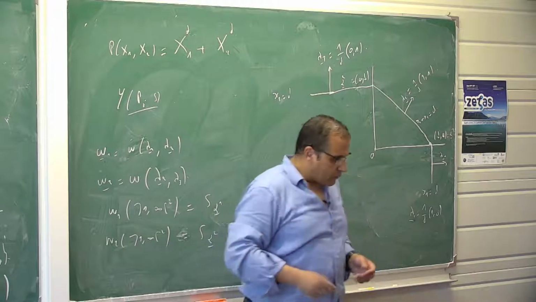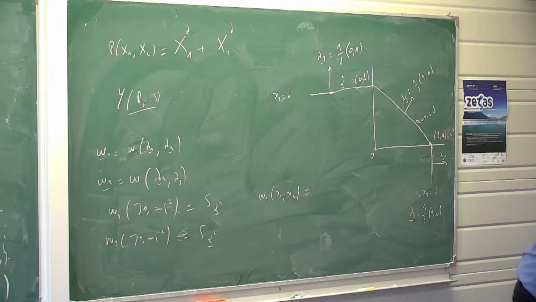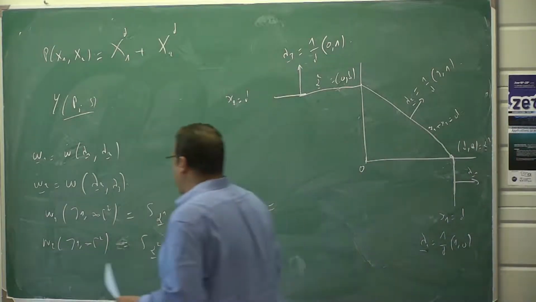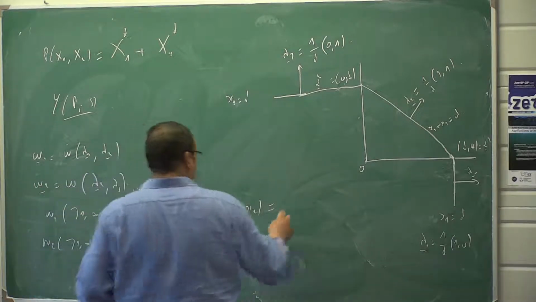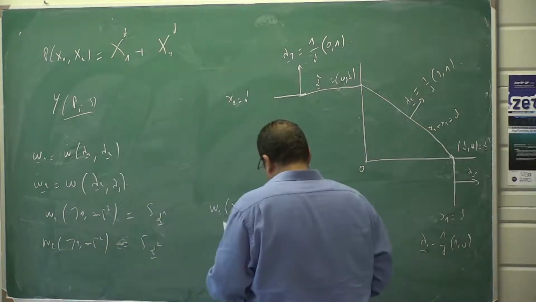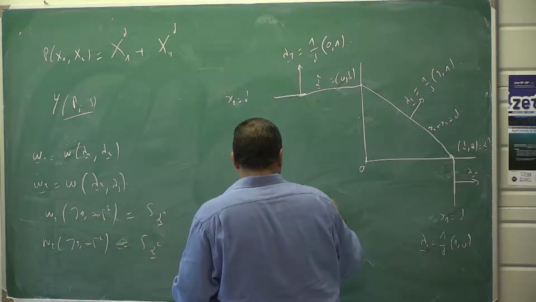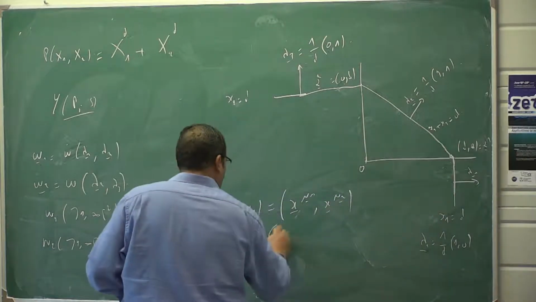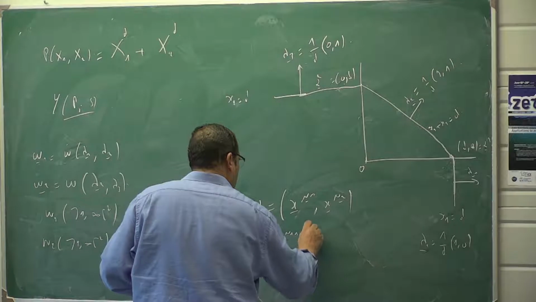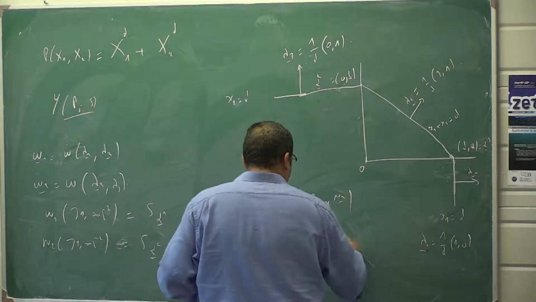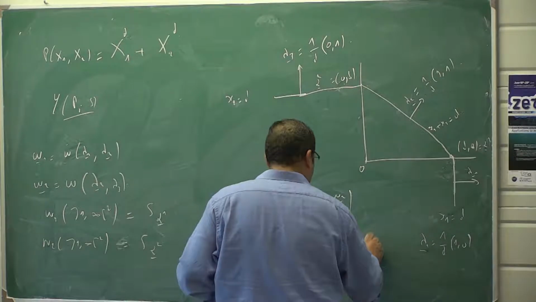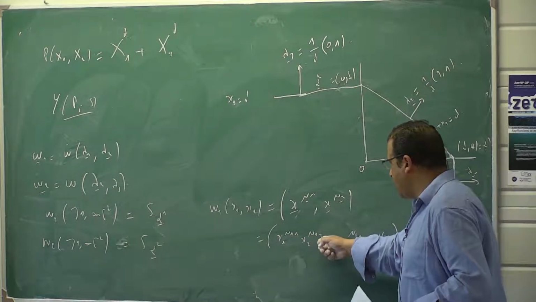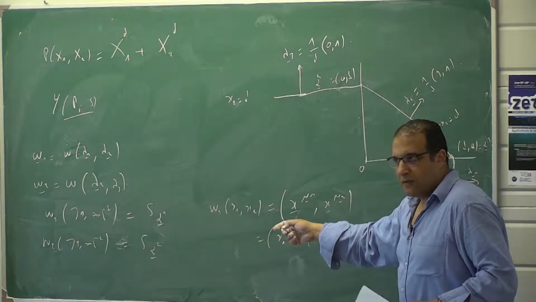So we have the formula: x1^mu1 1 x2^mu1 2, x1^mu2 1 x2^mu2 2, and as I explained, the mu is the transpose of the lambda.